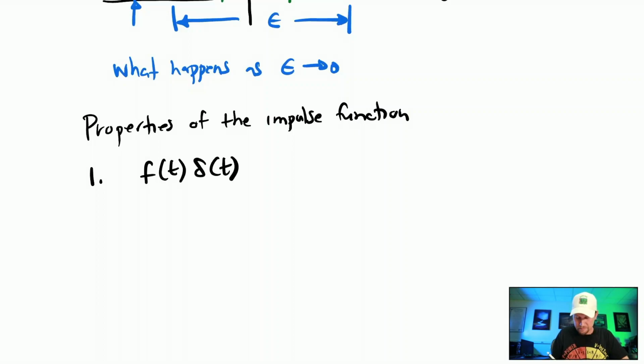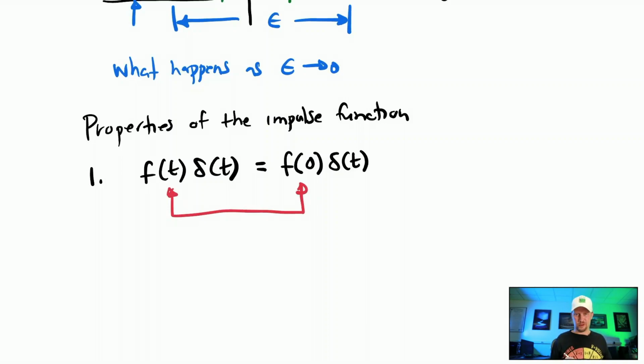And you multiply this by the impulse function. Then this itself is going to be the same thing as f of 0 times the delta function. So notice that the trick here, and this is the fundamental thing, is that these two products are absolutely identical.